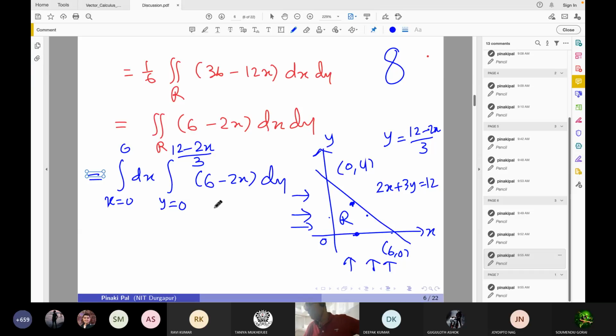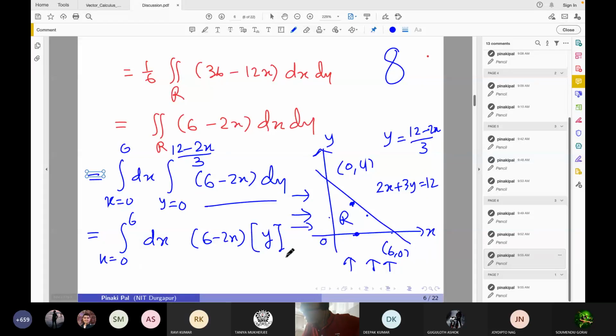Note that while evaluating this integral with respect to y, we have to consider x to be constant. So therefore, x equal to 0 to 6, you can take out 6 minus 2x, and you will get y, and you put the limit 12 minus 2x by 3.